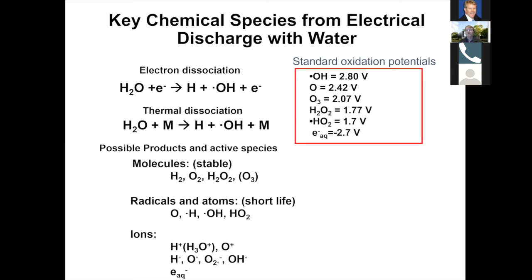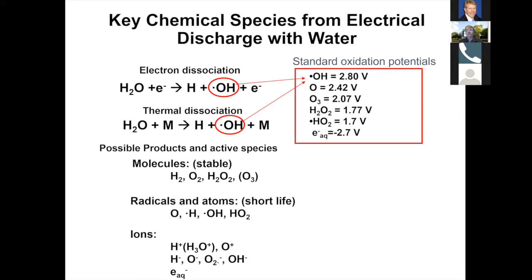So what we're interested in are the key species that are important in chemical degradation of contaminants, PFAS being one. But of course, as many of you already know, the OH radical is a key component in every one of the advanced oxidation methods, where you talk about ozone or hydrogen peroxide or UV light.